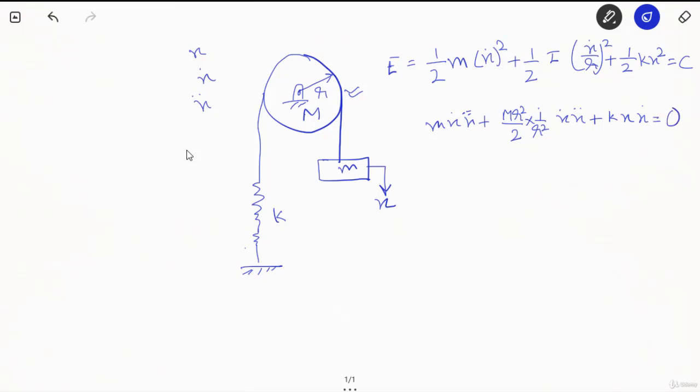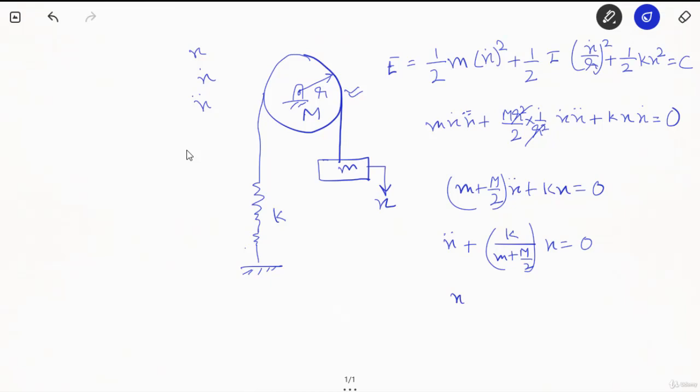So here this got cancelled, and we get m plus M by 2 times x double dot plus k x is equal to 0. Again, with the standard equation we need to make it x double dot plus k upon m plus M by 2 times x is equal to 0.